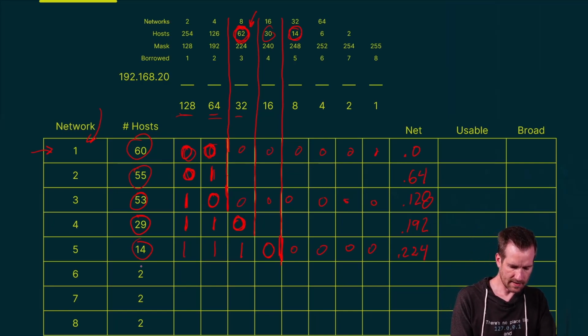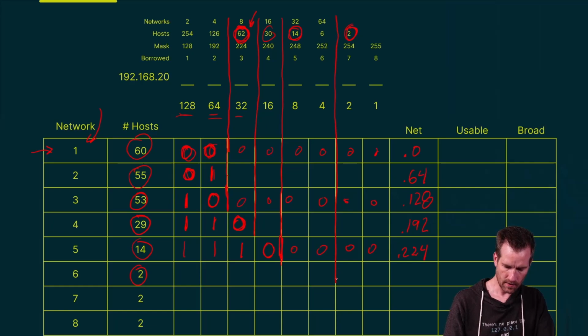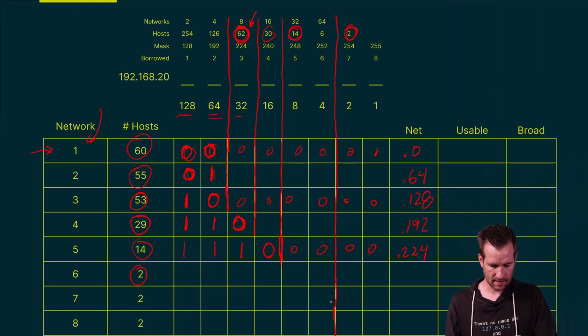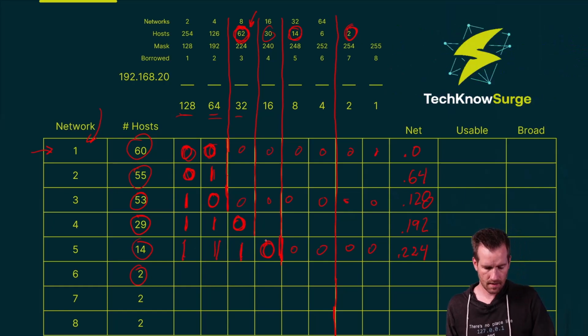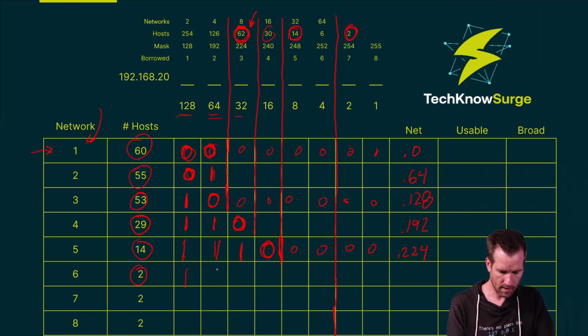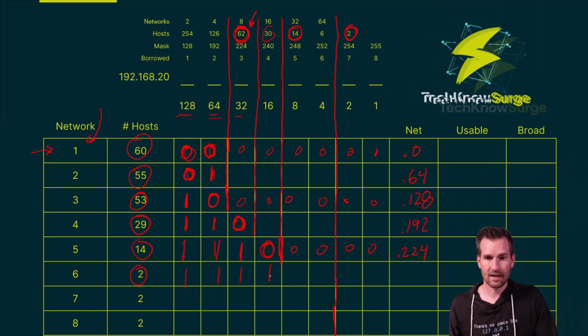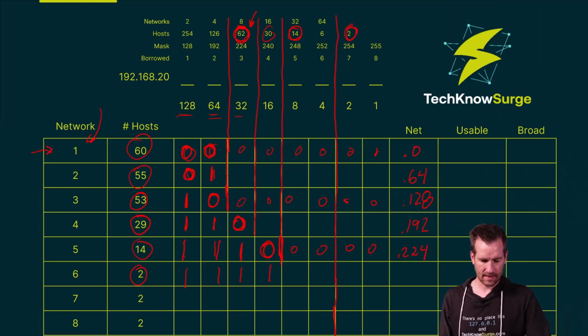And then I have just this little 2 here. So for the 2, I could go right here with it. So I'm going to draw the line right there for that one. And the rest of these are 2 as well, so I'm just going to draw the line all the way down for the rest of these. I've already used up the 1110 here. So the next one has to be 1111. That's the only thing that I've got left.